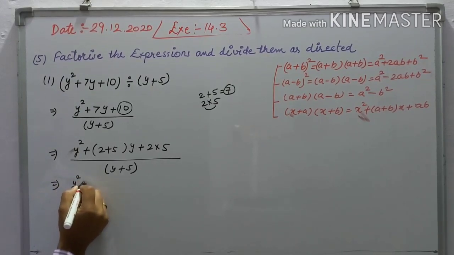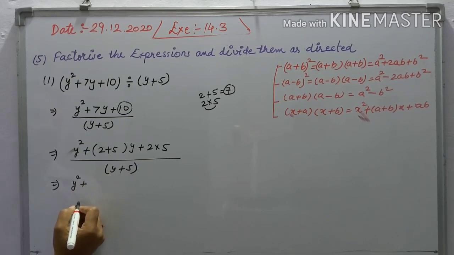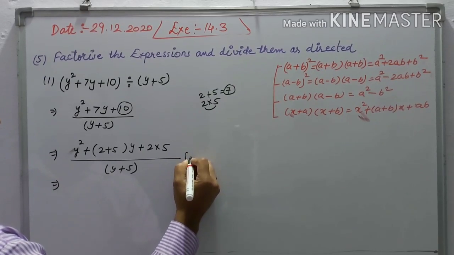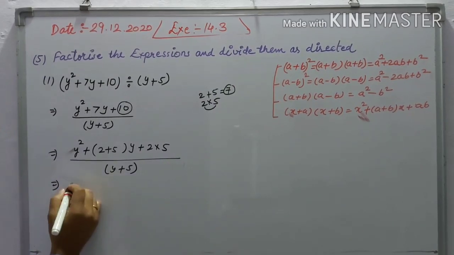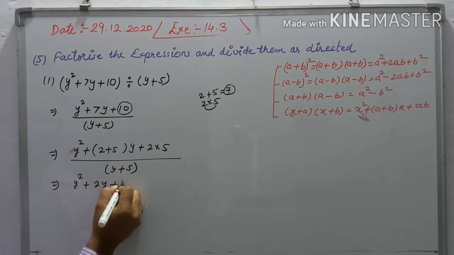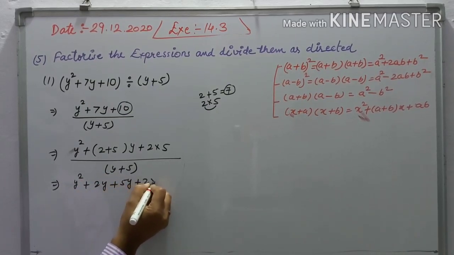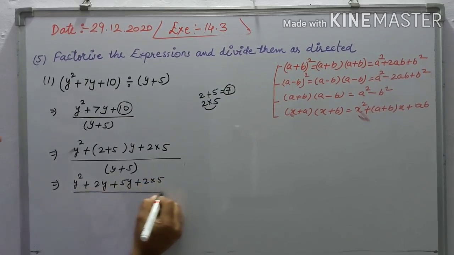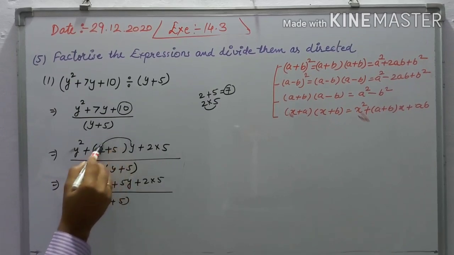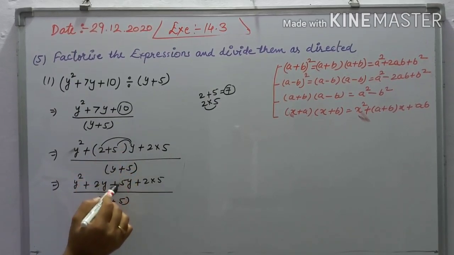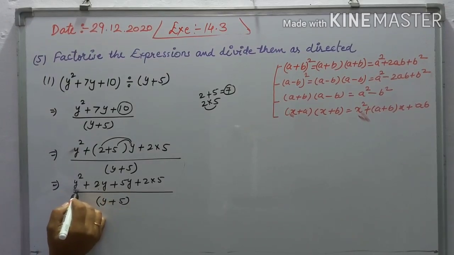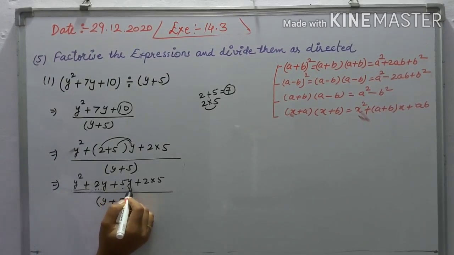y square plus, and you directly write in the identity form, y square plus open the bracket 2y plus 5y plus 2 into 5 upon y plus 5. Open the bracket: y times 2 is 2y, and y multiplied by 5 is 5y. Okay, of 1 there are 2 terms and next 2 terms.